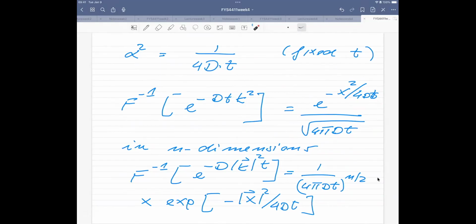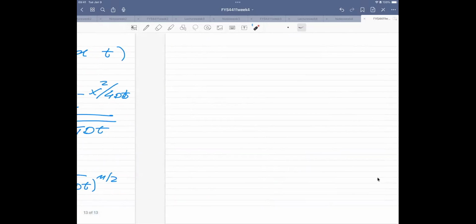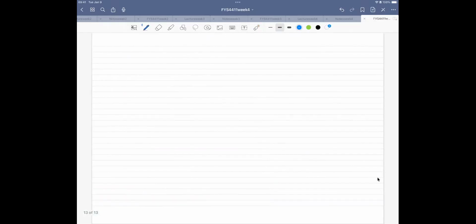So that means that if you have a Gaussian at a given time, then as the system diffuses, this Gaussian just spreads out. If you want a quick interpretation, in one dimension your original distribution could be this one, at t equals 0.